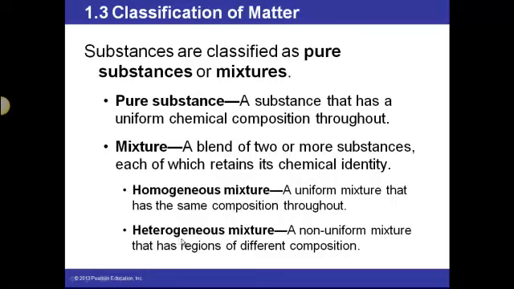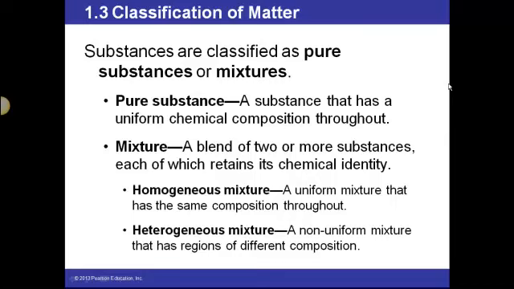A heterogeneous mixture, however, is a non-uniform mixture that has regions that have different compositions to them. A good example of a heterogeneous mixture would be a bowl of soup. If you think of a bowl of soup, it's got a bunch of different things in there, and it makes it look very different.